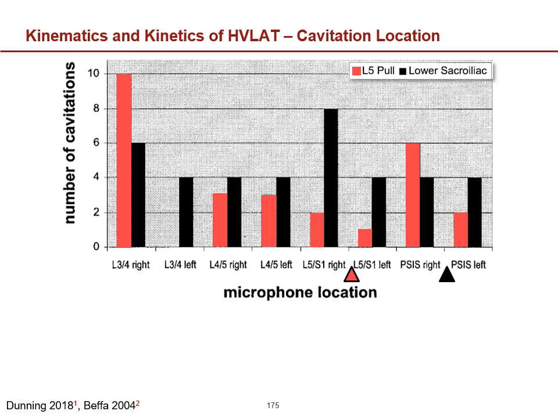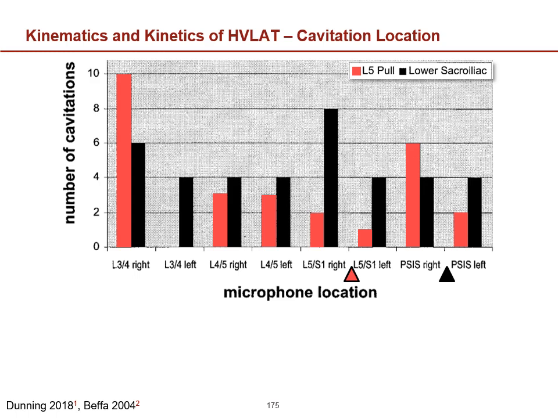The red bars represent the cavitations from the L5 pull technique, whereas the black bars represent the lower sacroiliac joint technique.